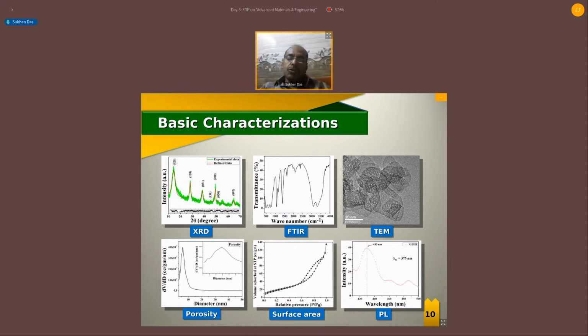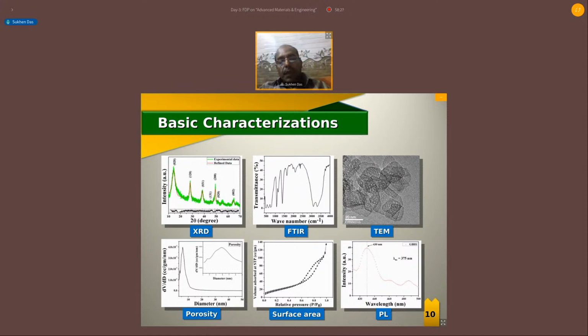Only boehmite is there, and the peak broadening indicates the size of this boehmite is in the order of a few nanometers. And there is an absorption also. This absorption indicates the presence of the resin, the gum acacia, and that is why it is in amorphous form.